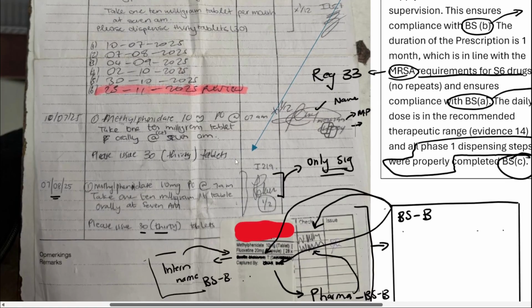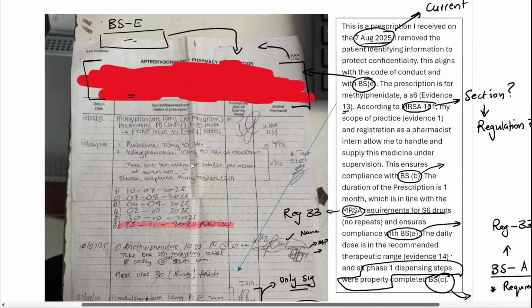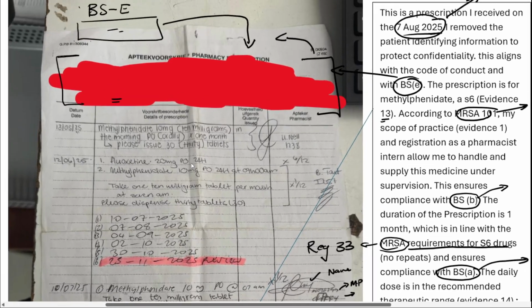So we can say that the above prescription is better than the bottom one when it comes to complying with the regulations. According to the regulation as well, it requires that the patient's details need to be provided. So you can make comments that, you know what, the patient's details were provided, but I covered them to comply with confidentiality principles, okay? Because confidentiality is linked to behavioral statement E.